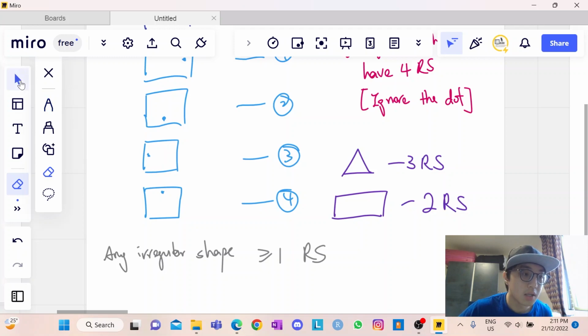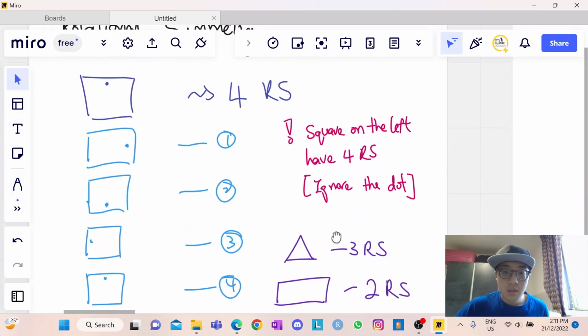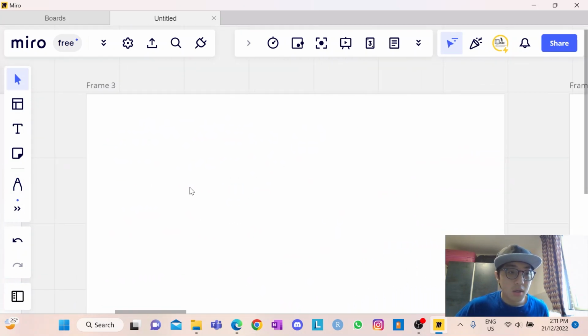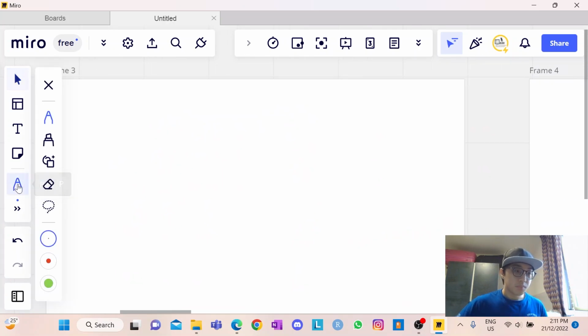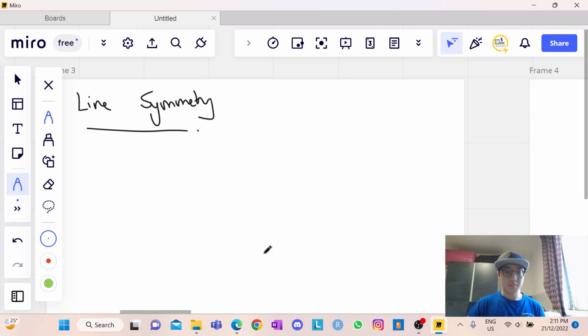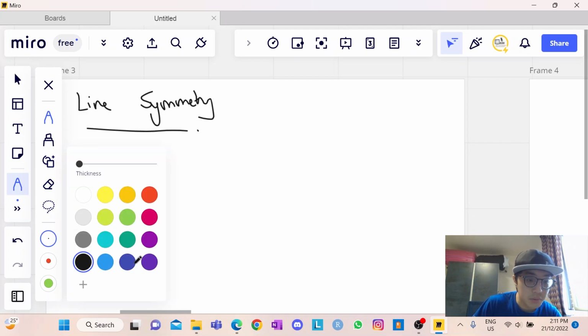What is line symmetry? Line symmetry, by its name itself, suggests that you find the symmetry of a shape by drawing lines. So how do you draw lines? For example, the square from the previous example.